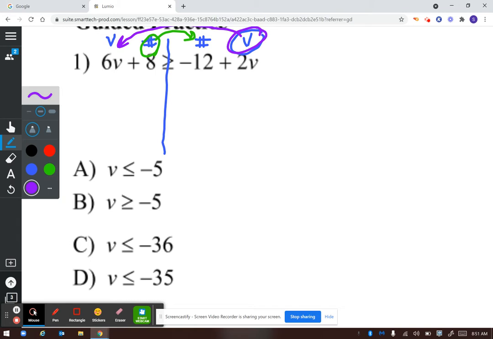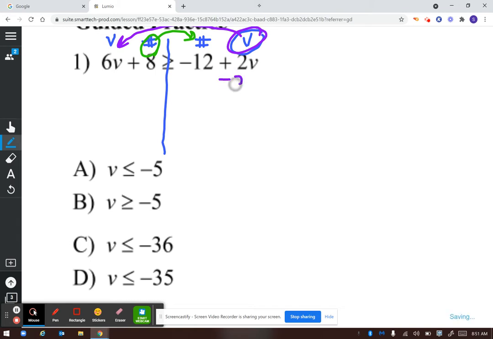So instead of plus 2V, it's minus 2V, minus 2V. 6 minus 2 is 4. And now 8 is going to the right side. So minus 8, minus 8.